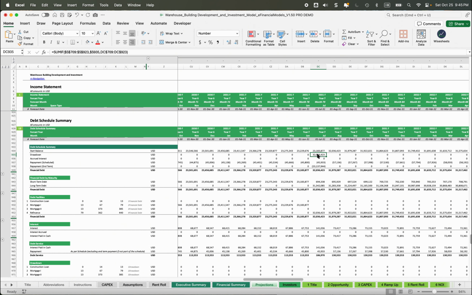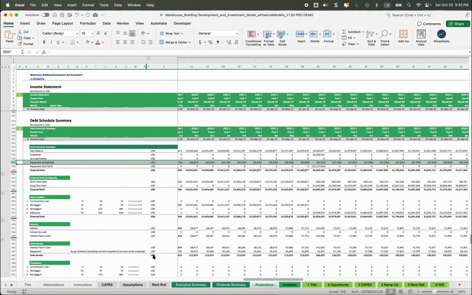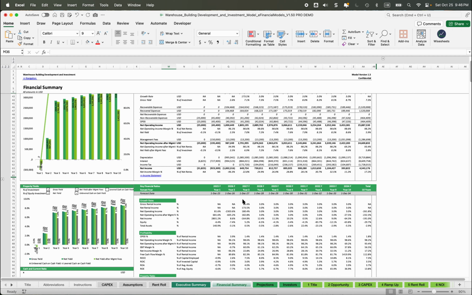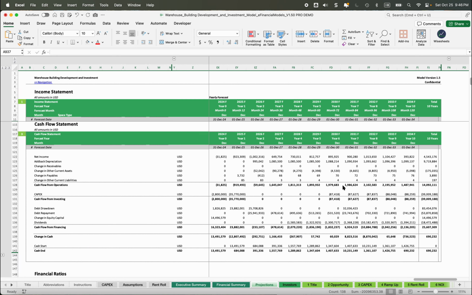So this has happened, in this case it's year 7, 2 years construction loan, 5 years the mortgage. So we're going to repay the mortgage, this is repaid, and then we take out the refinancing. And now with refinancing, the debt service will increase, so debt repayment will increase, and also interest will increase. But it means we can, if you look at the cash flow, let's have a look at the projections.